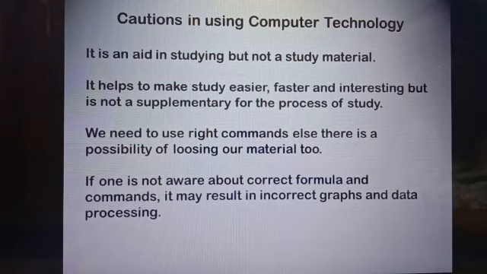We need to use the right commands, else there is a possibility of losing our material too, because if we do not give the right command or formula, the result is going to be incorrect. When we implement either a wrong formula or a wrong command, it will result in an incorrect graph or data processing. So these are the cautions we need to take when utilizing computer technology.